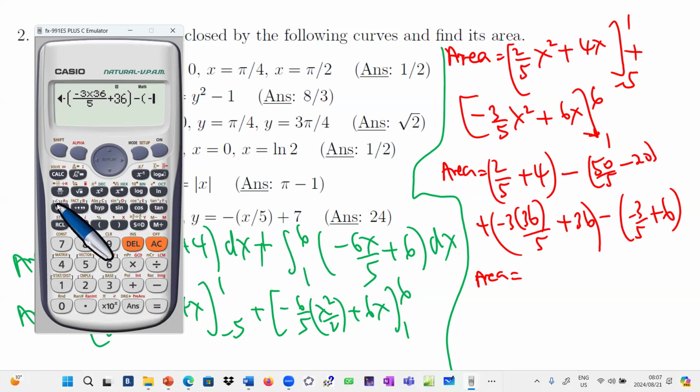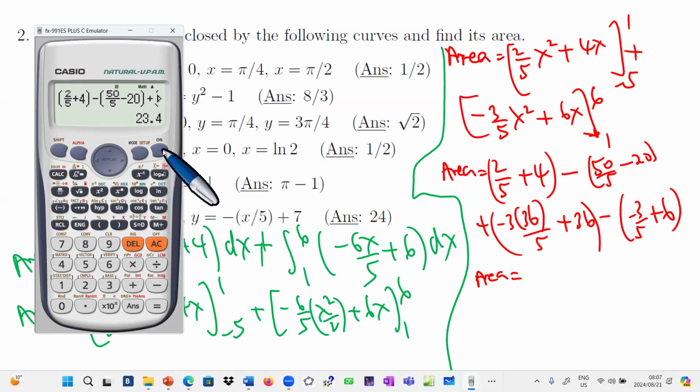You minus 3 over 5 plus 6. Okay. It appears that you get exactly that. Let's check this out. Okay, there might be a small error.